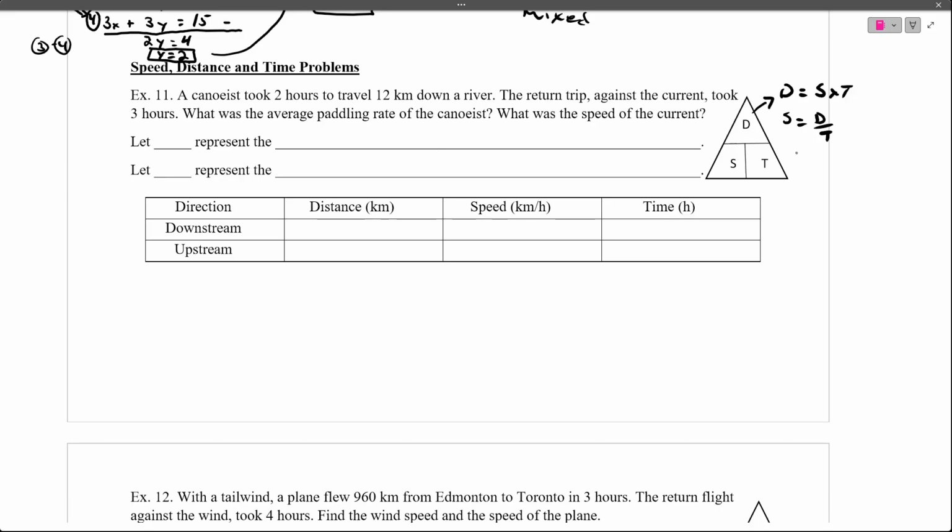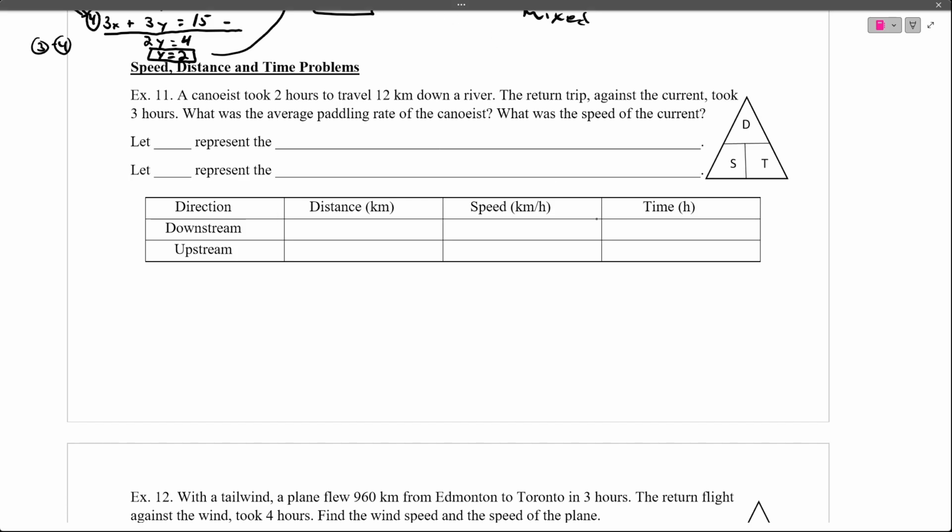If I want to calculate t, that's the same thing as saying d over s, hence the triangle, okay? So this is really where this triangle is coming from, but they're all really the same equation. They're just rearranged, and you already know how to do rearranging. So if you're worried about that, you can memorize the triangle, or you can try to understand that we need to rearrange the equations to get them all.